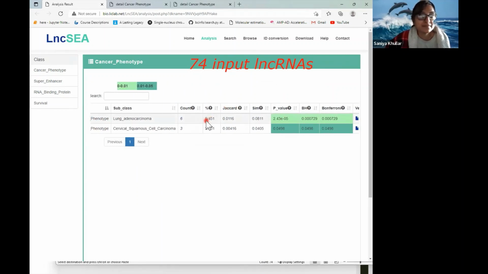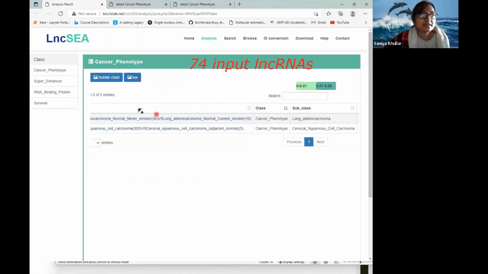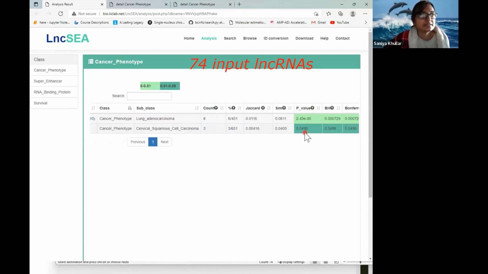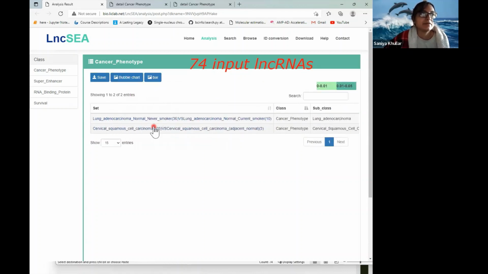So we notice that this number is higher than 3, like 6 is higher than 3, and that this is smaller than this. So that means that the overlap here, 6 out of the 451 lncRNAs in this list, were found in our set, as opposed to 3 out of the 651 that were found in this list.